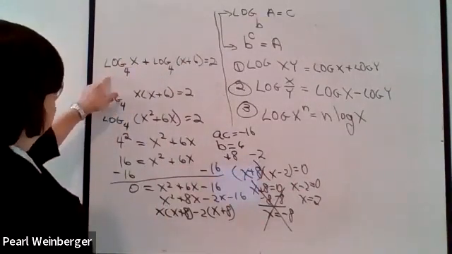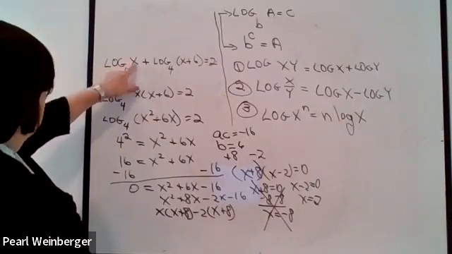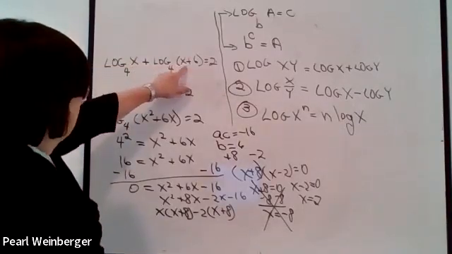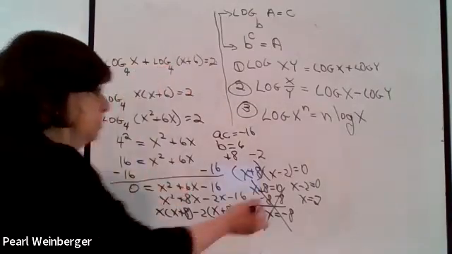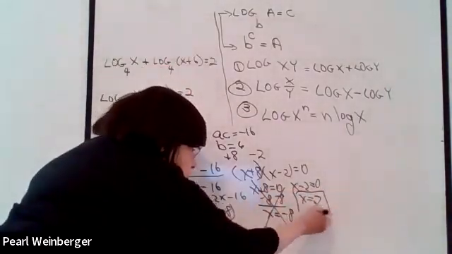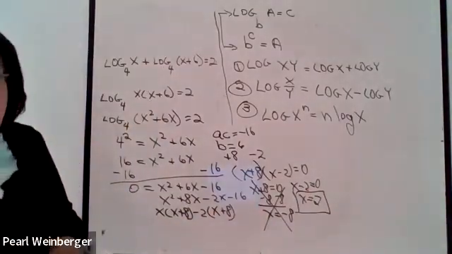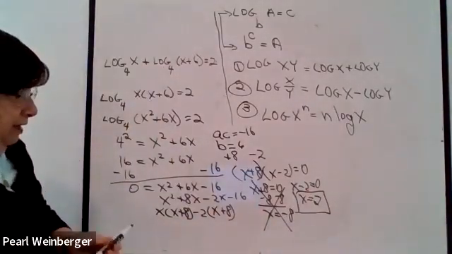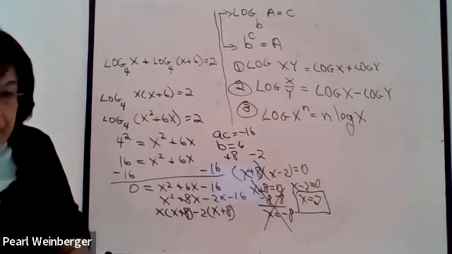What about when x is 2? So this is good. When x is 2, this is a positive number. And then I go to the other one, this is 2 plus 6, which is 8, which is also a positive number. So x equals 2 is the only answer. Do not give the negative 8 as an answer, and that's the answer that I saw a few people did give.